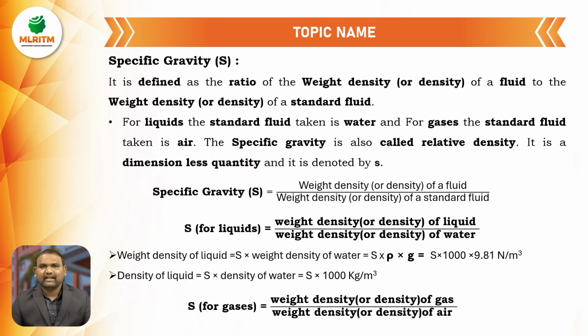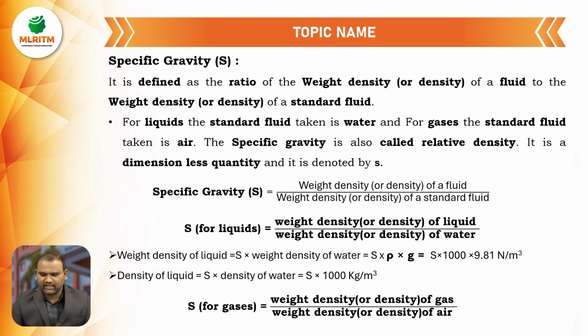Specific gravity. It is defined as the ratio of weight density or density of fluid to the weight density or density of standard fluid. For liquids, the standard fluid is taken as water, and for gases, the standard fluid is taken as air.